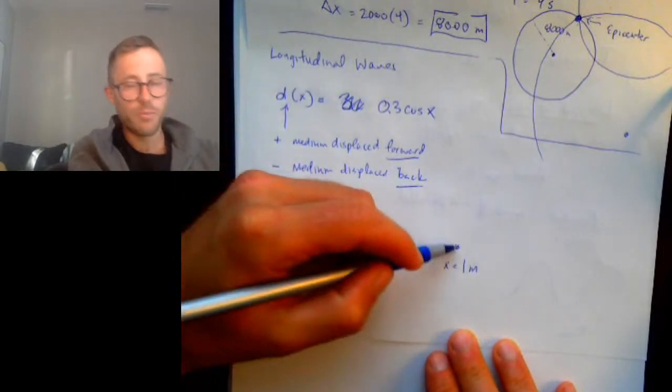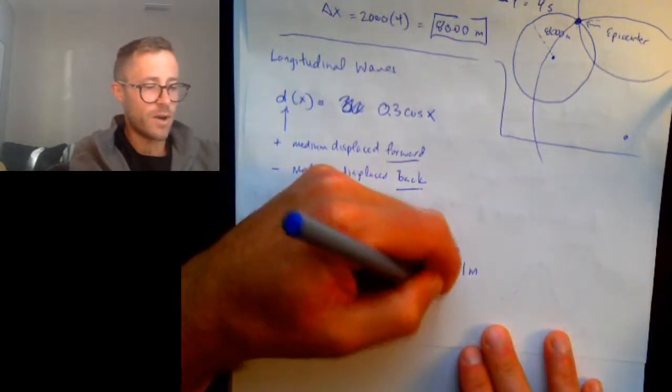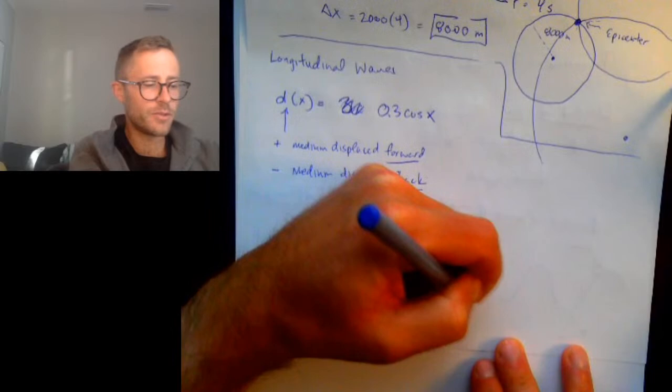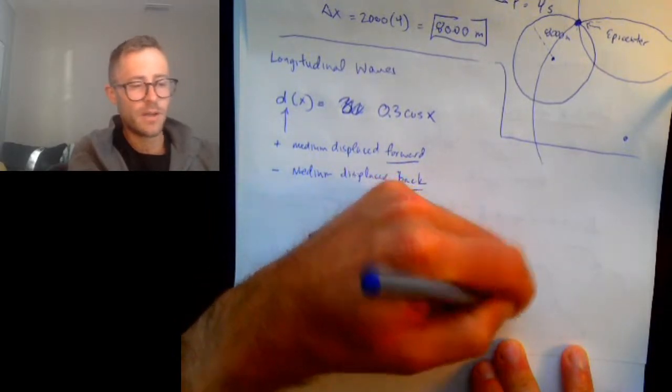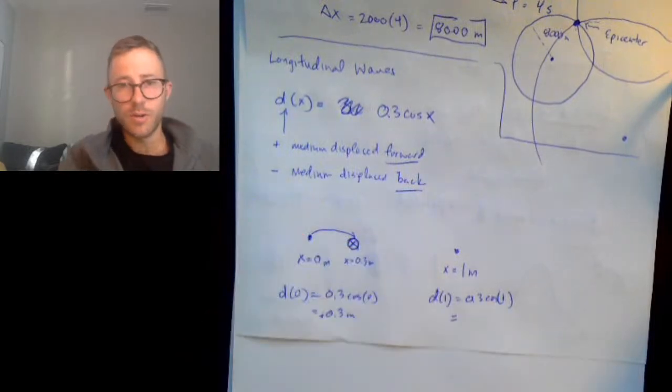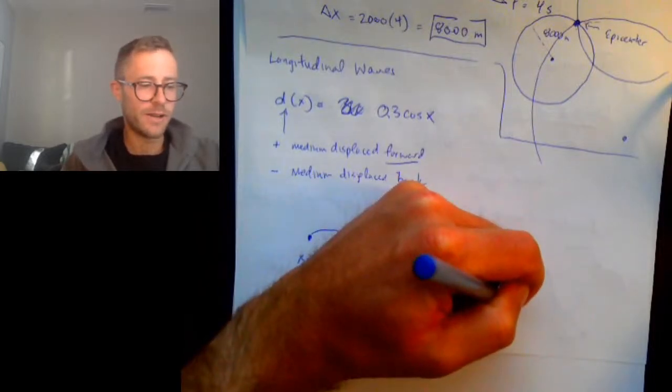Now let's look at this point. Where does this point get moved to? So what is d of 1? That would be 0.3 cosine of 1. And for this calculation, I want my calculator in radians mode. So that's 1 radian.